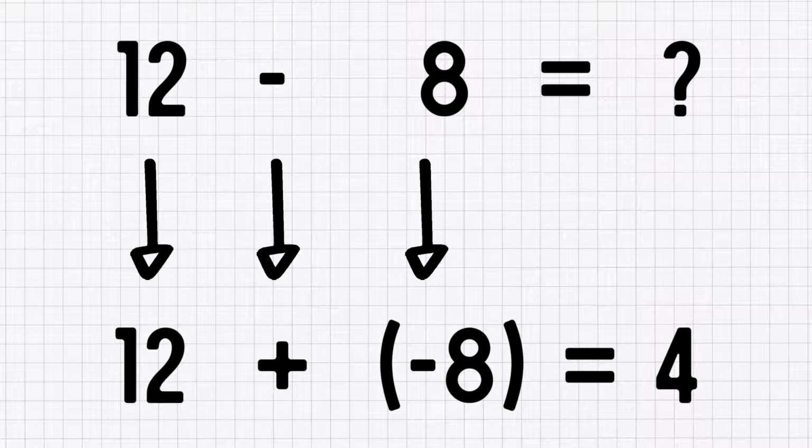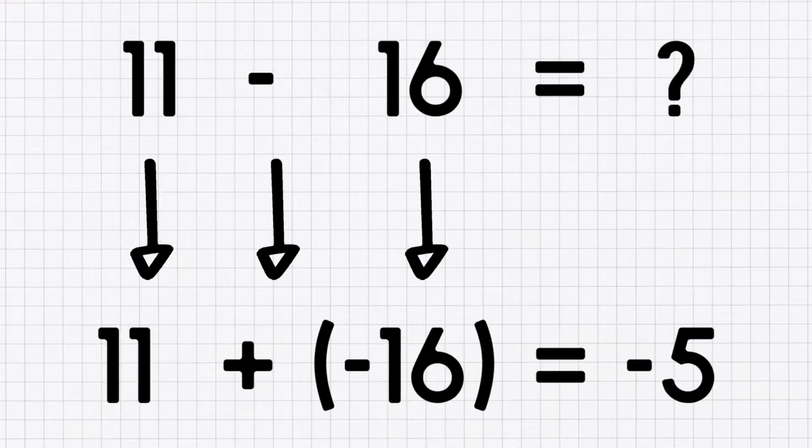So from subtraction, it will become addition. And then whatever the sign of the second number, we need to change it to its opposite. The given is positive 8, so we're going to change it into negative 8. And then we follow the addition rule of adding integers with unlike signs. The sum would be positive 4.